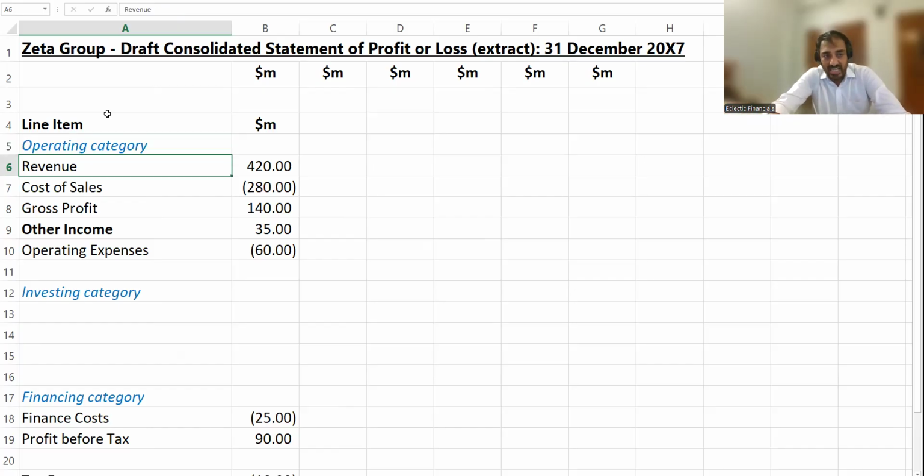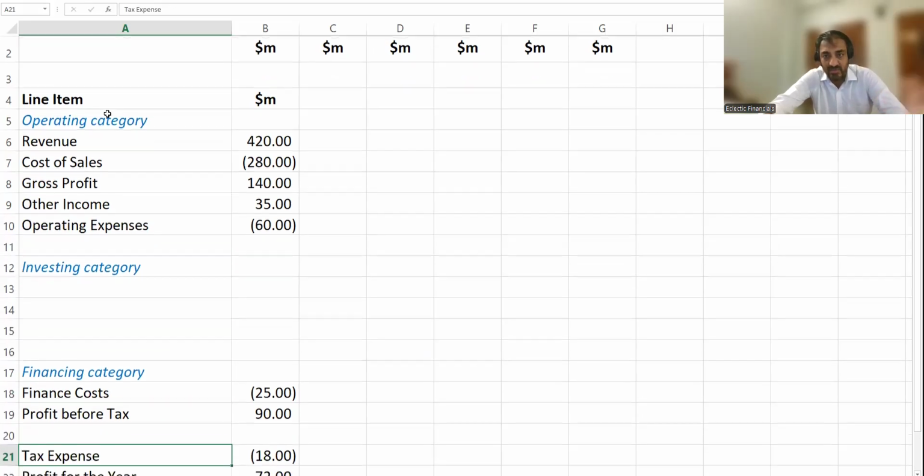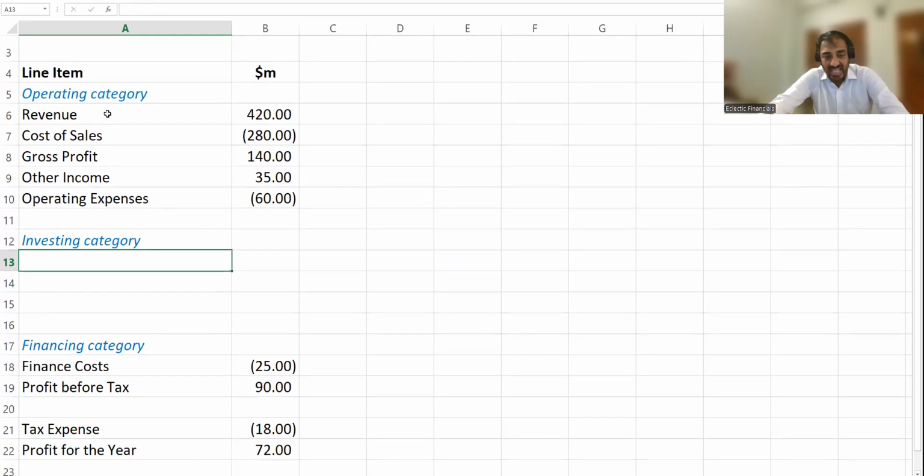Okay, so let's read the P&L. Revenue, cost of sales, gross profit, other income. Other income is not rightly labeled. It's not acceptable. Operating expense. Okay, that's acceptable, but what is inside we don't know.